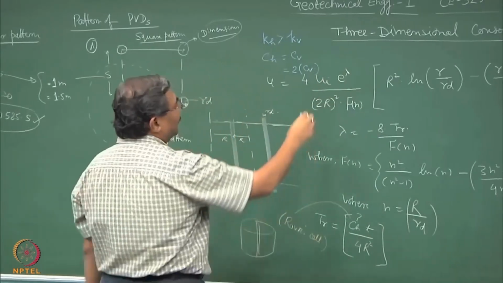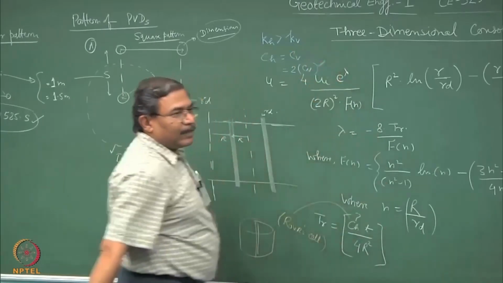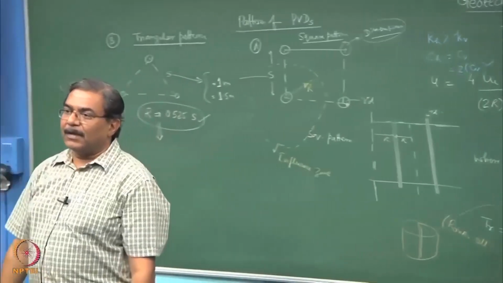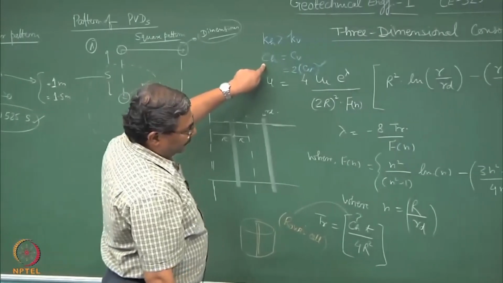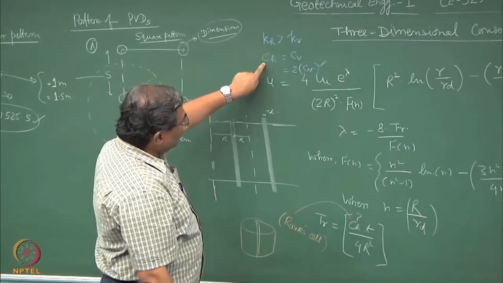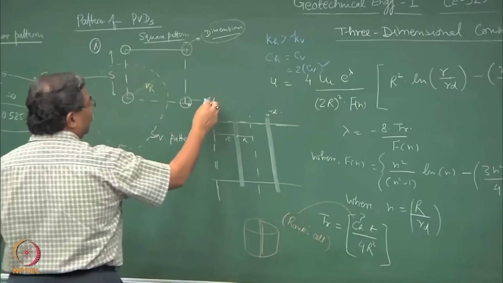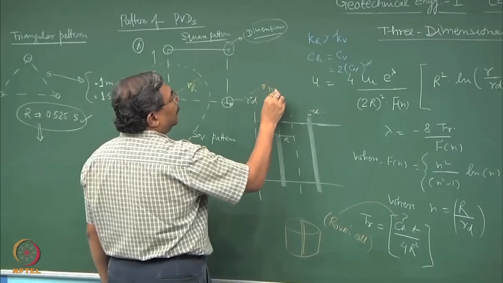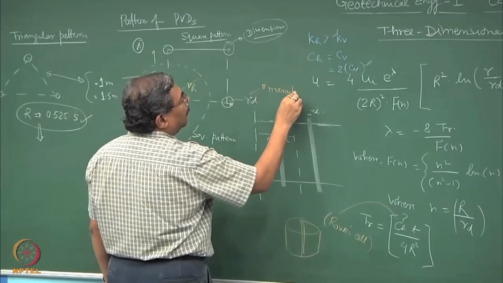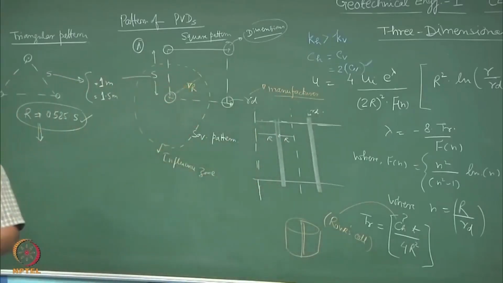All right. So, this Cv I can obtain from a one dimensional consolidation test, and once I know the Cv value, I can get the Ch value. Once I know the Ch value, R can be obtained because Rd is known, this is supplied by the manufacturer. It is a property of the PVD.